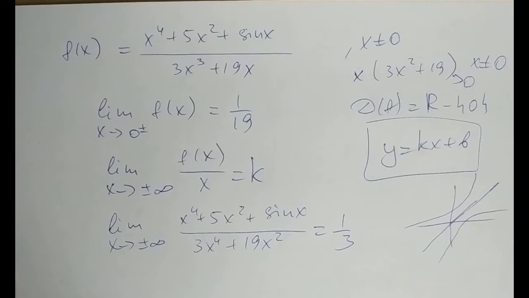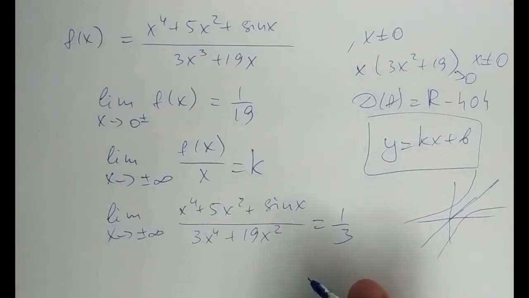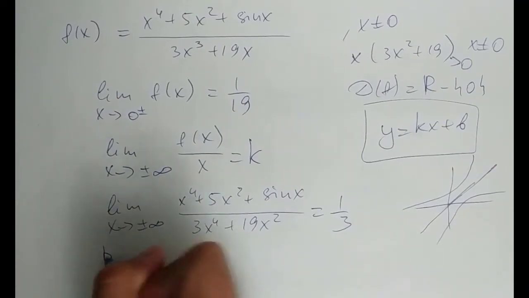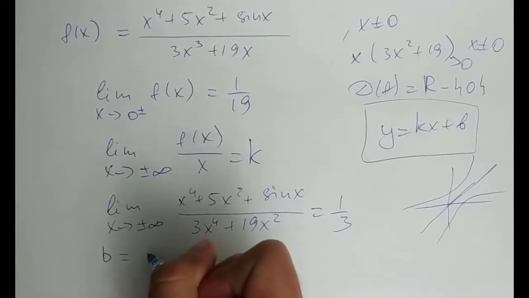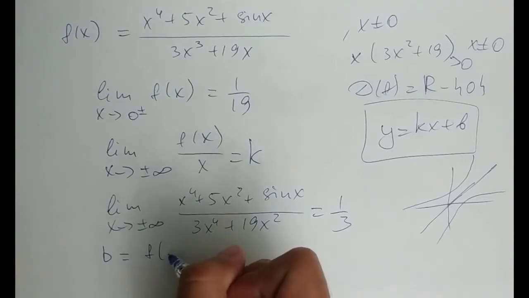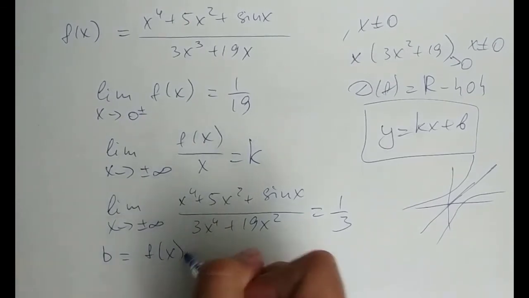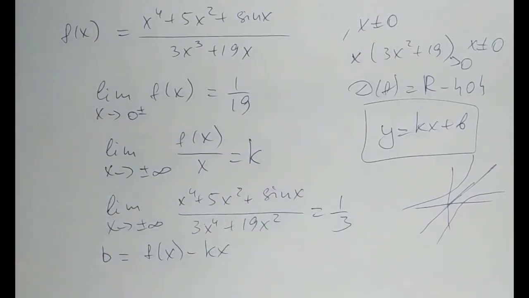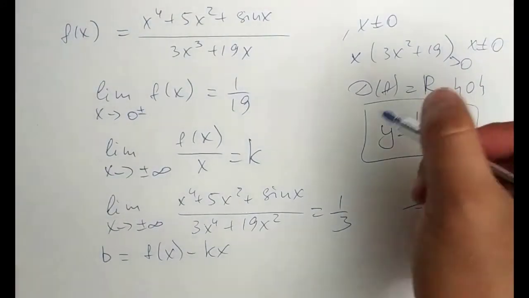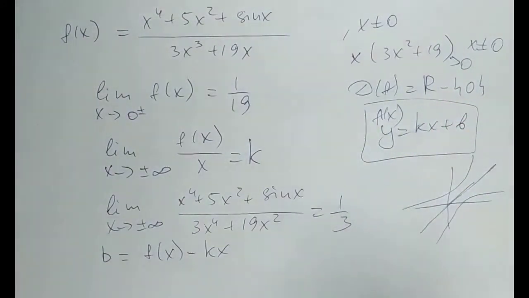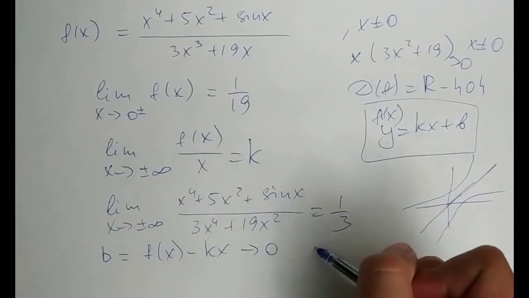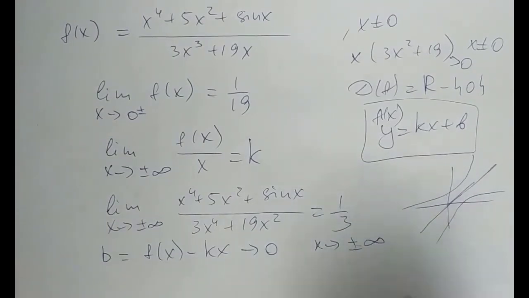Now we need to find our b. To find b, it is the limit of f of x minus kx. This is b. This should tend to 0 as x tends to plus minus infinity.